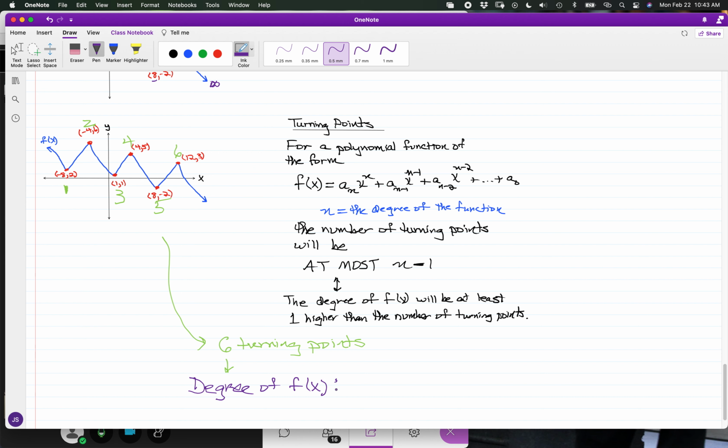So the degree of f of x could be 7, it could be 9, 11, or possibly any other odd power that is greater. All right, so the number of turning points will always be less than the degree itself.